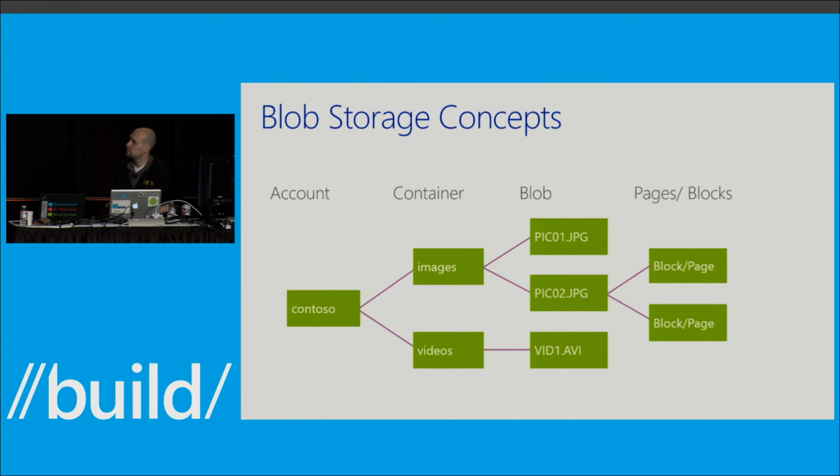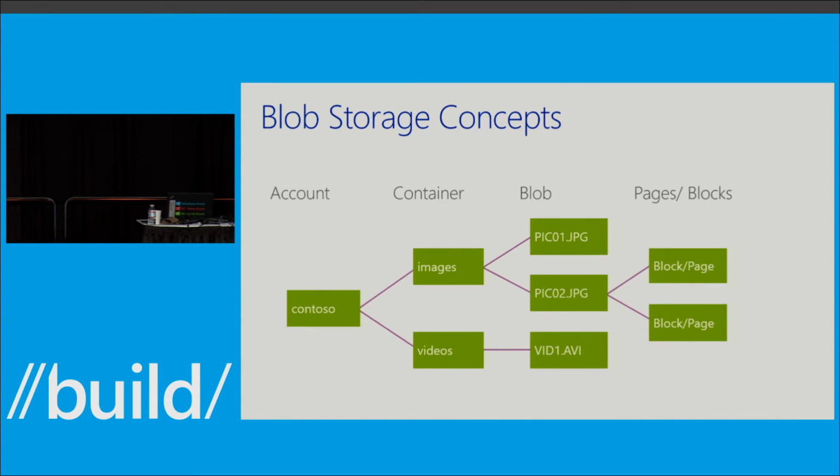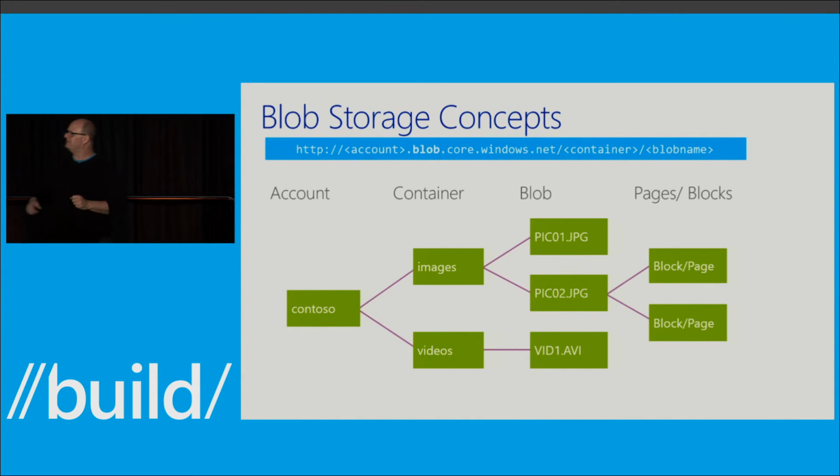So just for the half of you who don't know about blobs, I'm going to give a really quick overview here. Blob storage concepts: there's an account, which is the basic hard drive, that would be C:\.